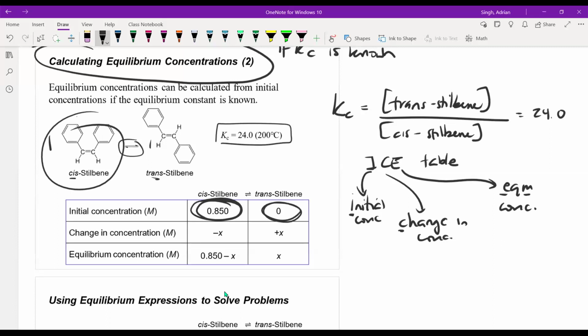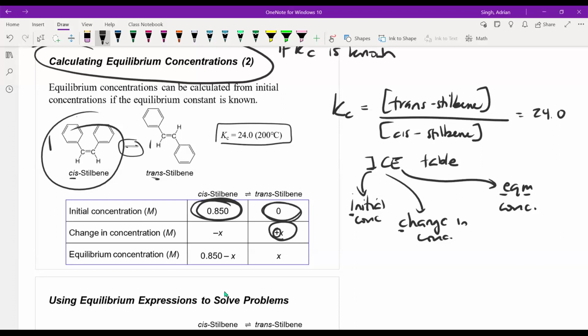So as this reaction proceeds, we're going to experience a change in the concentration. And the change here is simply plus x. All right, so we're going to have 0 of the trans-stilbene to start with. After we have established equilibrium, we're going to gain a certain amount of the trans-stilbene. We're just going to call this x for right now.